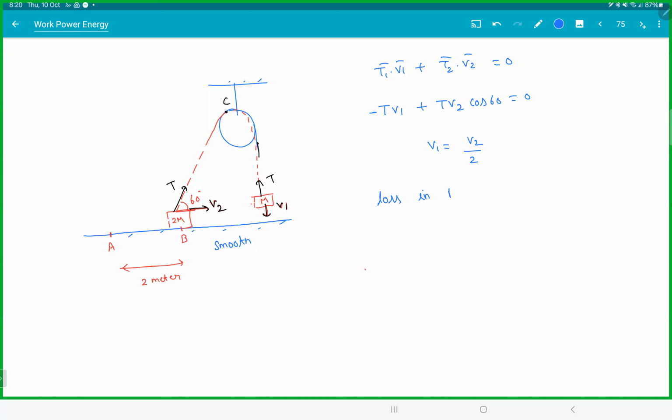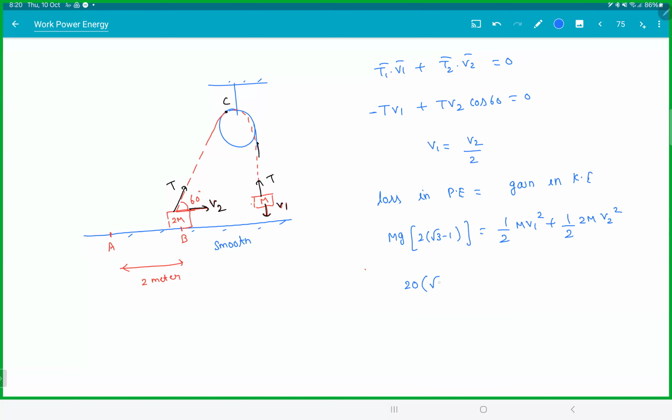The loss in potential energy is gain in kinetic energy. Loss in potential energy, only the m block is going: mg times 2 into root 3 minus 1. Gain in kinetic energy is half m v1 square plus half 2m v2 square. m cancels everywhere.